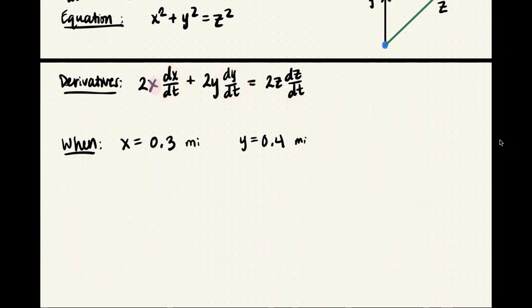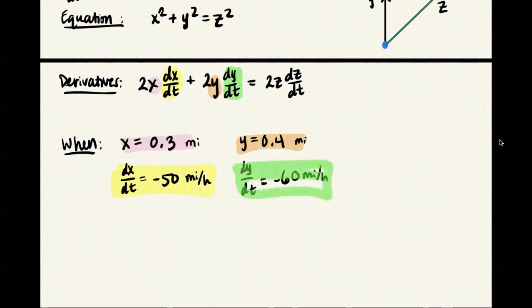So this one we've got, x we know, y we know. dx dt we were told this was the constant, we decided was negative 50 miles per hour. So that quantity we have. We know dy dt. dy dt was negative 60 miles per hour.